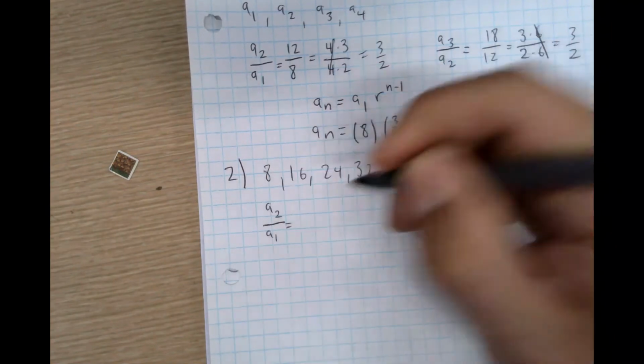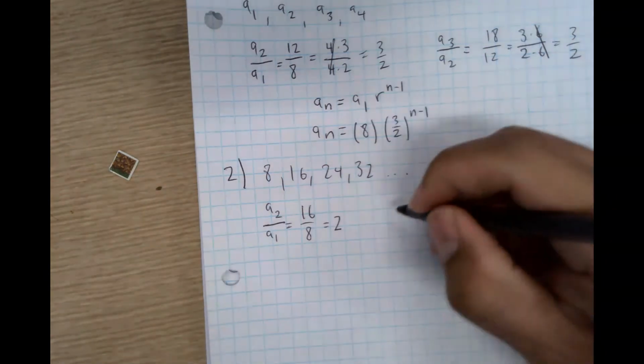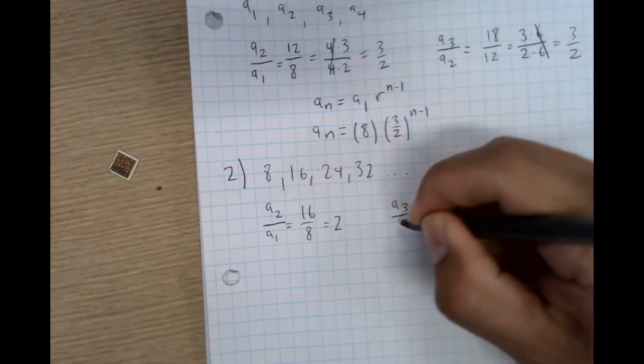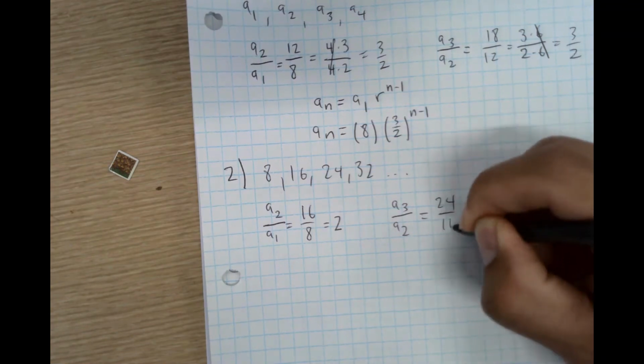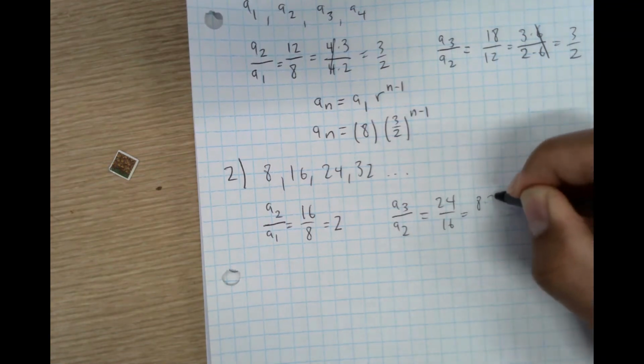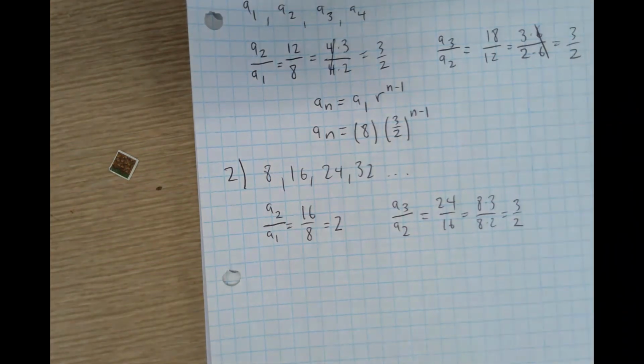And we get 16 divided by 8, which is just equal to 2. We can do A3, now we're testing the next two terms, 24 divided by 16. They have 8 in common, so it would be 3/2. And you can see here that the first common ratio is 2, while the next common ratio is 3/2. So this is not a geometric series.